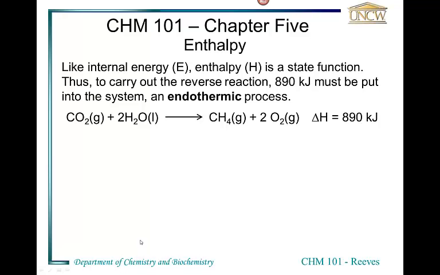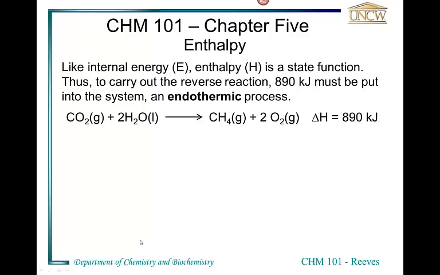If we release it when we burn methane, we're going to have to put it back in order to form the products. It takes more energy, 890 kilojoules more, to hold those carbon, hydrogen, and oxygen atoms in the form of methane and oxygen than it does to hold those same atoms in the form of carbon dioxide and water, which is why burning methane produces so much energy.